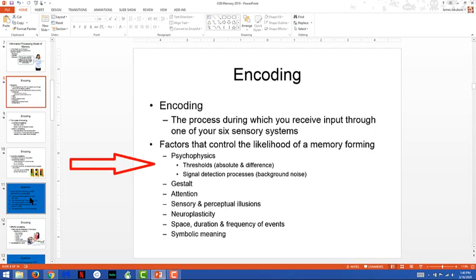So the roles of absolute and difference thresholds, and on a practical basis primarily difference thresholds, serve as a primary point at which any environmental stimulus can influence you. So there has to be something that you detect. And the least amount of change that you can detect is called a just noticeable difference, right? Terms from the sensation and perception chapter from the field of psychophysics that are very relevant here. Any stimulus that affects you must have met its just noticeable difference.